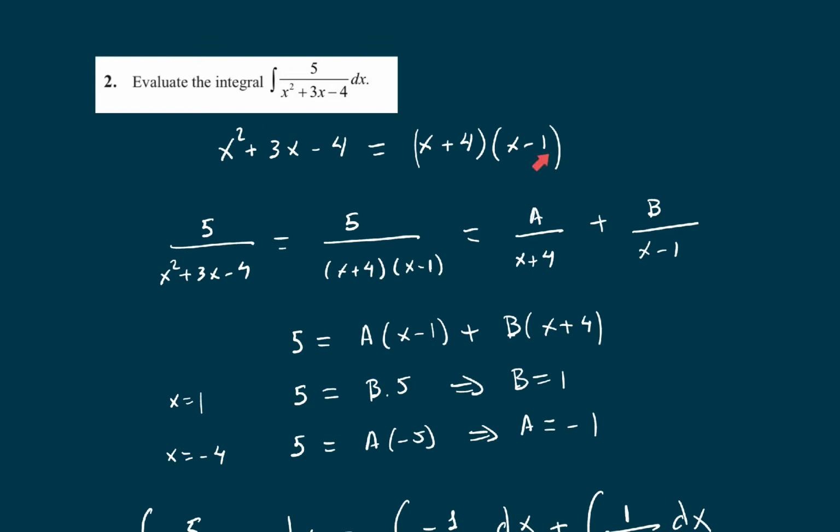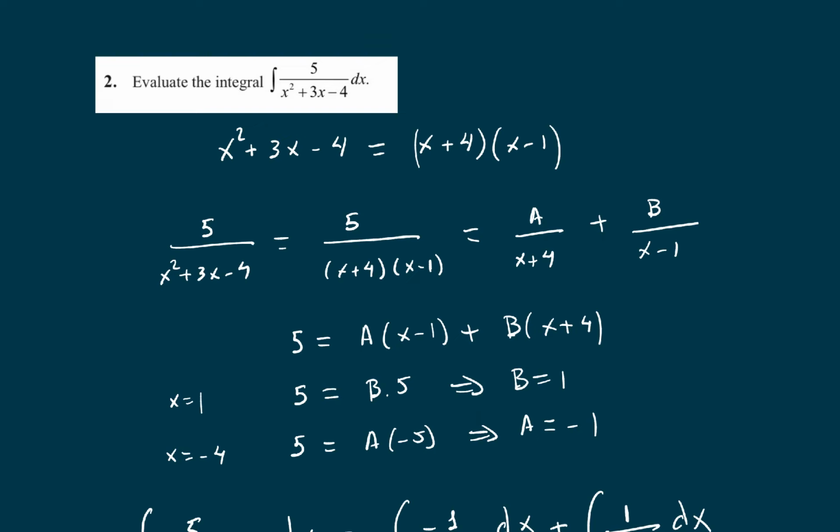The sum 4 minus 1, which is 3, is here, and the product 4 multiplied by minus 1, which is minus 4, is here, and you use the quadratic equation to find that x equal minus 4 and x equal 1 are the solutions of this equation.